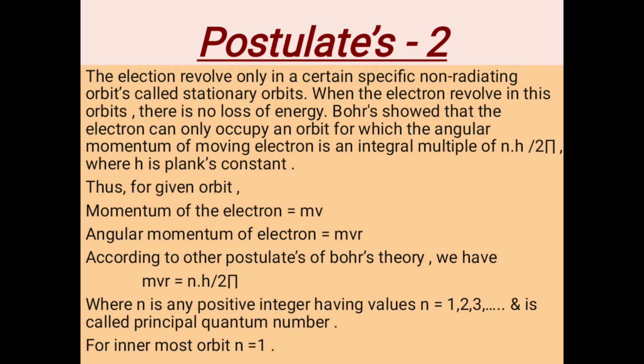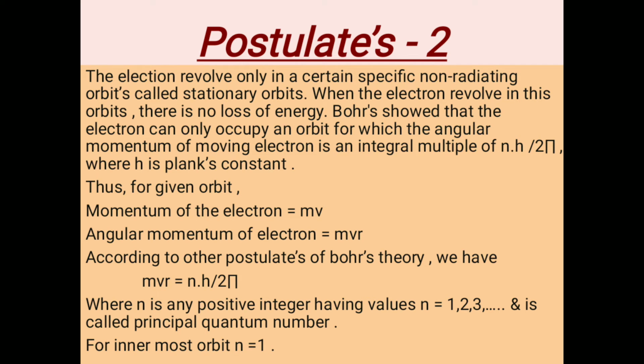Thus, for any given orbit, the momentum of the electron is mv, where m is the mass of the electron and v is the velocity of the electron. So, the angular momentum of the electron is mvr, where r is the distance between the nucleus and the electron.